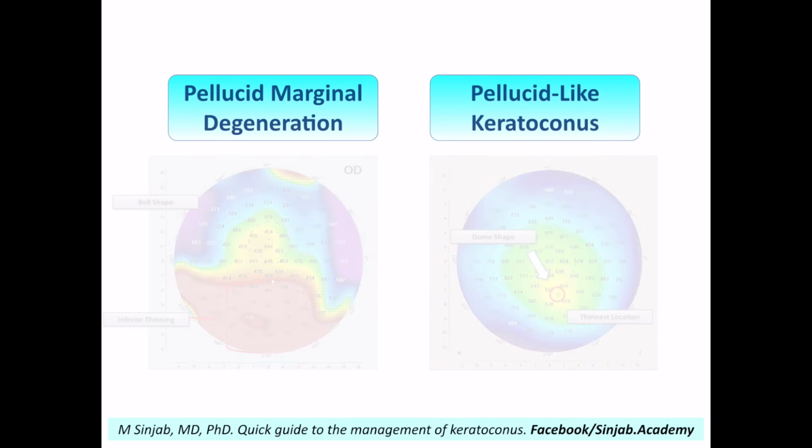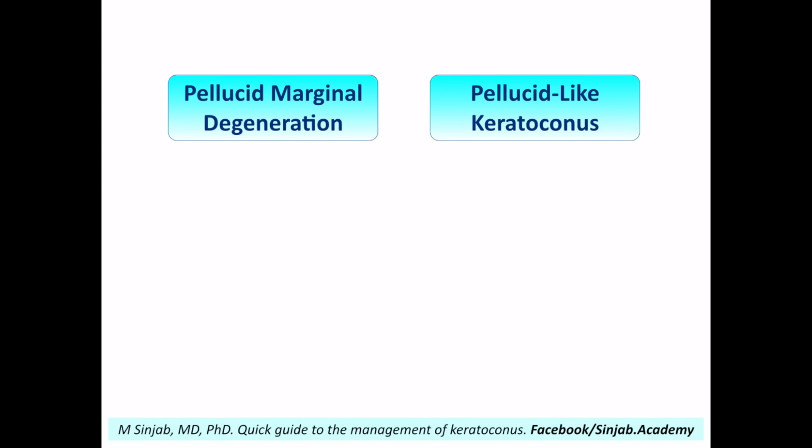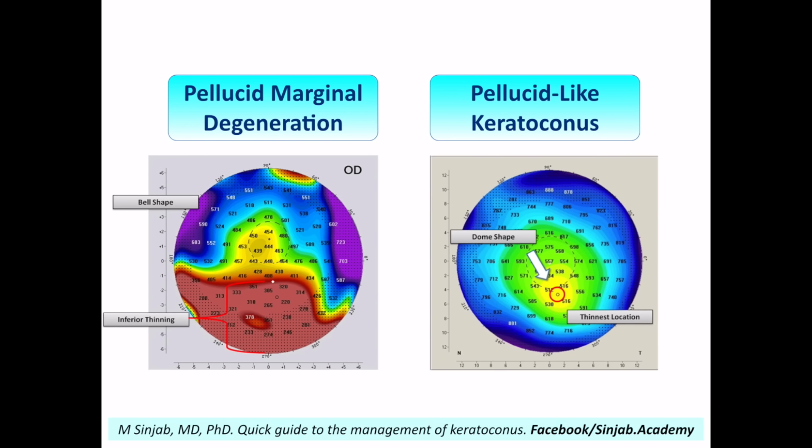We have to differentiate between pellucid marginal degeneration and Pellucid-Like Keratoconus because the indication of treatment may differ. Let's take an example of intracorneal rings.